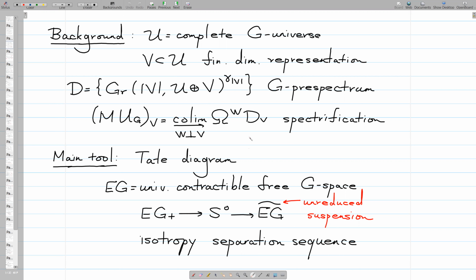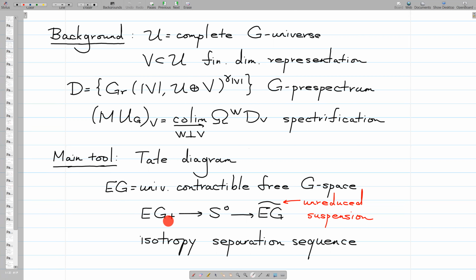And then of course, let me also review the main computational tool in equivariant stable homotopy theory, which is what's called the Tate diagram. It's due to Greenlees and May. I'll just write it in the simplest situation, where for a group G there's always a universal contractible free G-space, which we'll call EG.